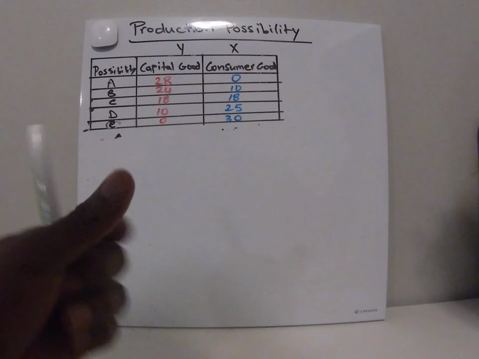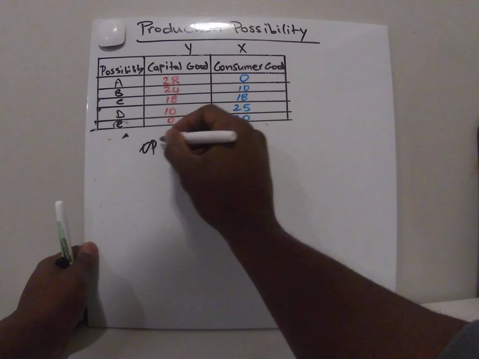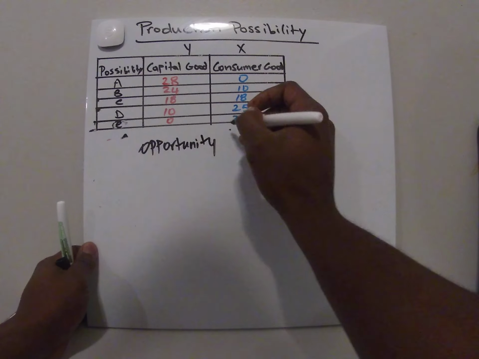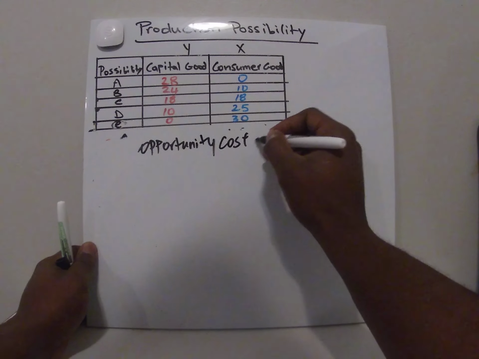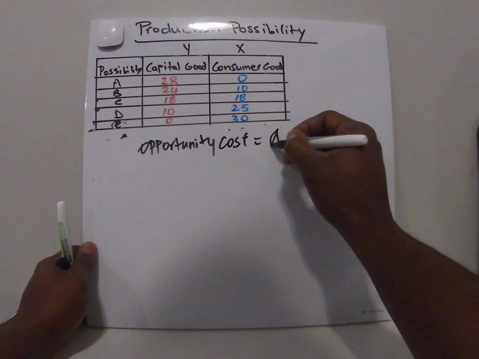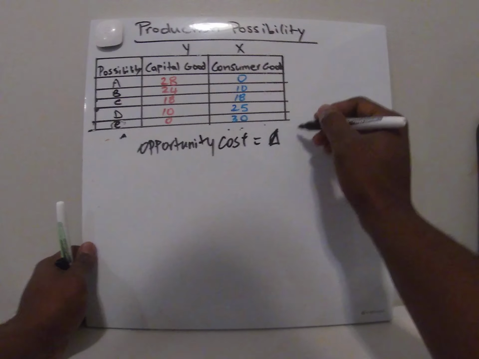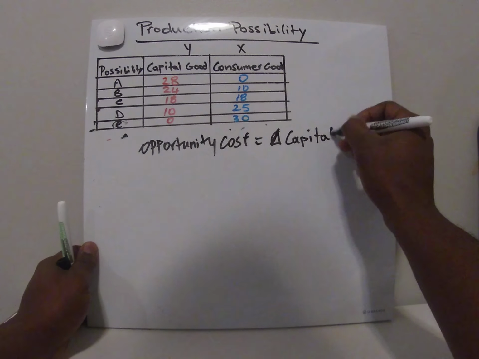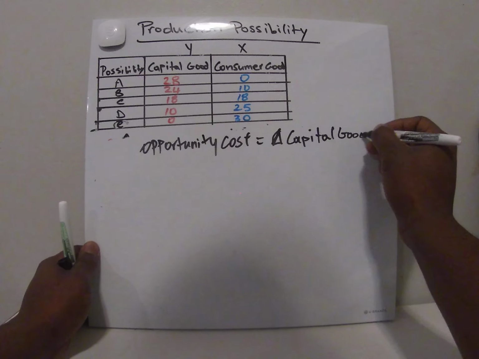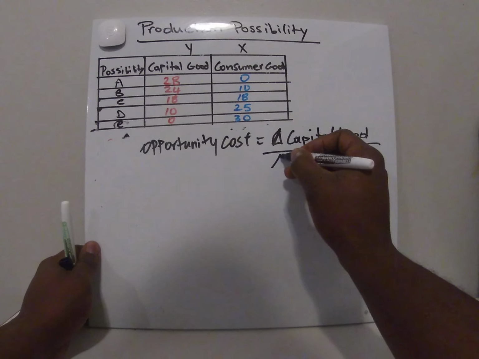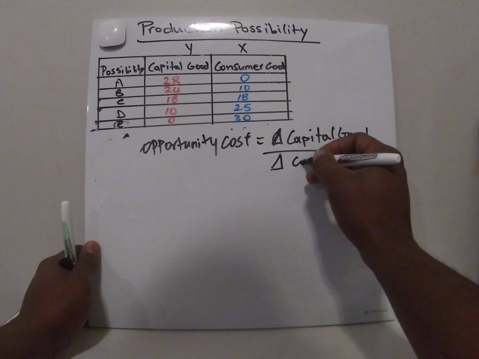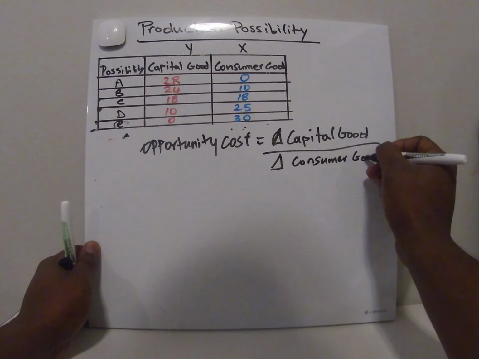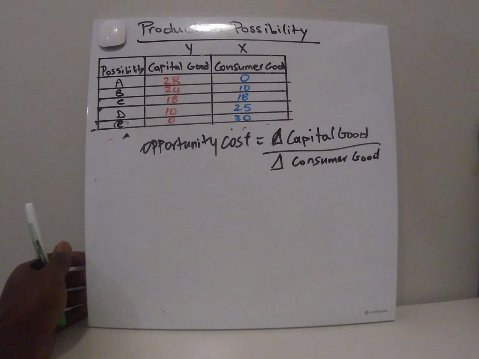All right, so the opportunity cost formula would equal the change, using a triangle to represent change, in capital good divided by the change in consumer good. Let's plug in our numbers now.